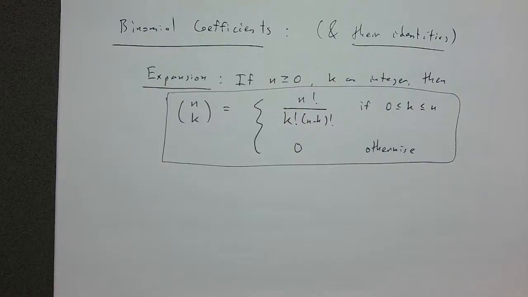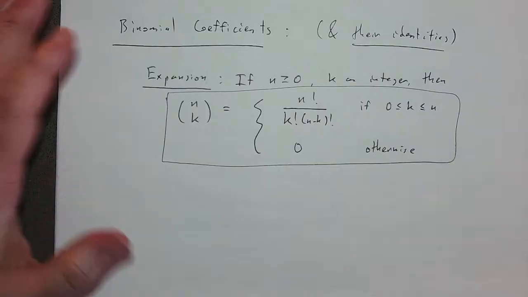if I select k objects from a set of n objects, that leaves this complementary collection of n minus k objects that are not selected. So then counting the number of subsets with k objects is the same as counting the number of subsets with n minus k objects.